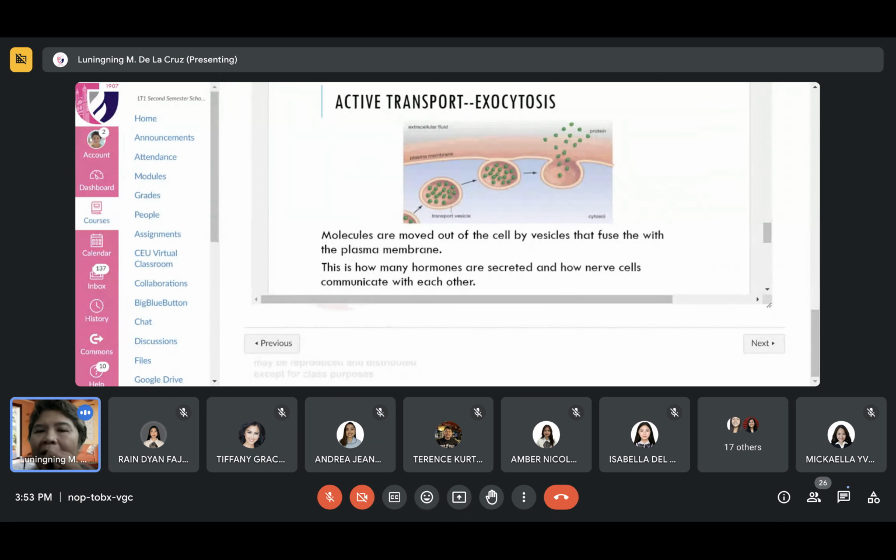That will enable this cell to transmit the signal to the next cell despite that there is a gap in between.